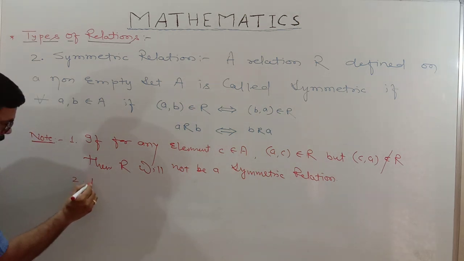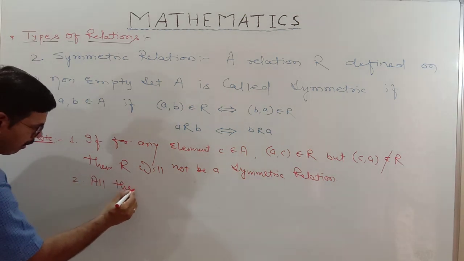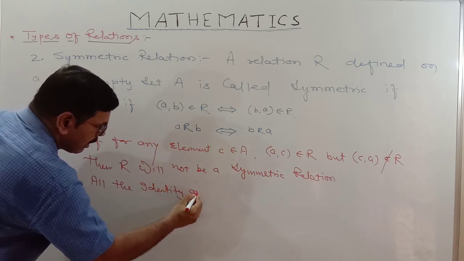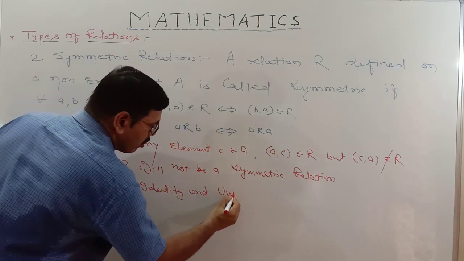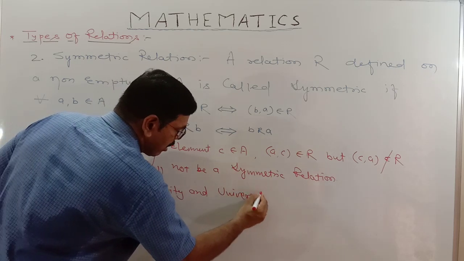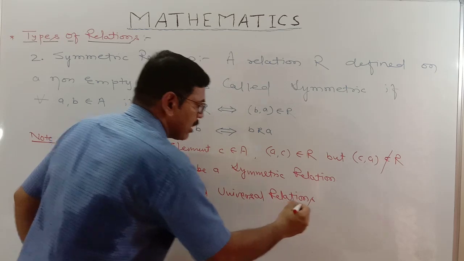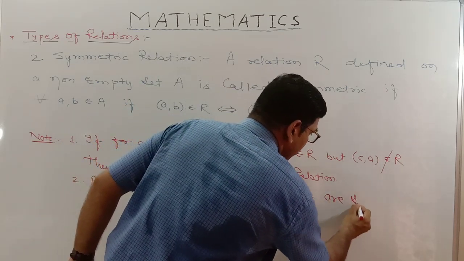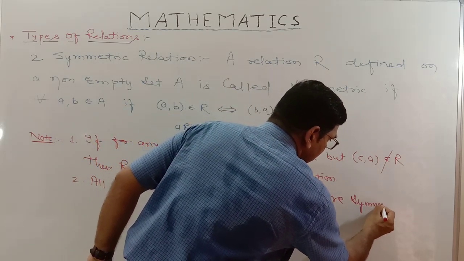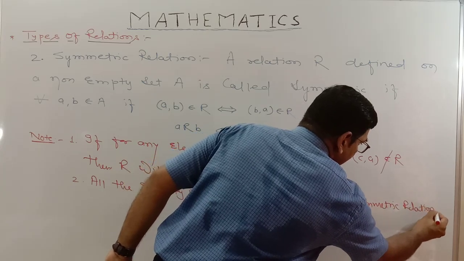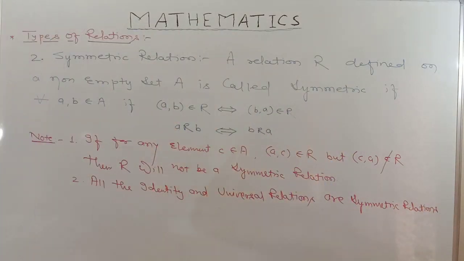Second, all the identity and universal relations are symmetric relations. Please note down the definition.